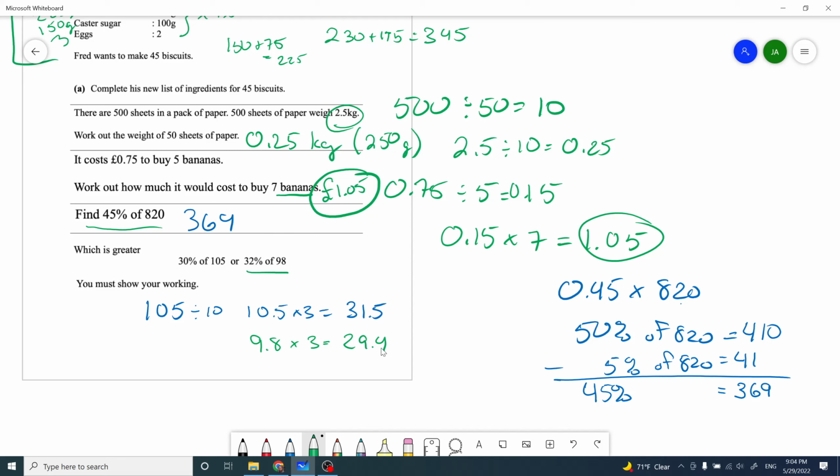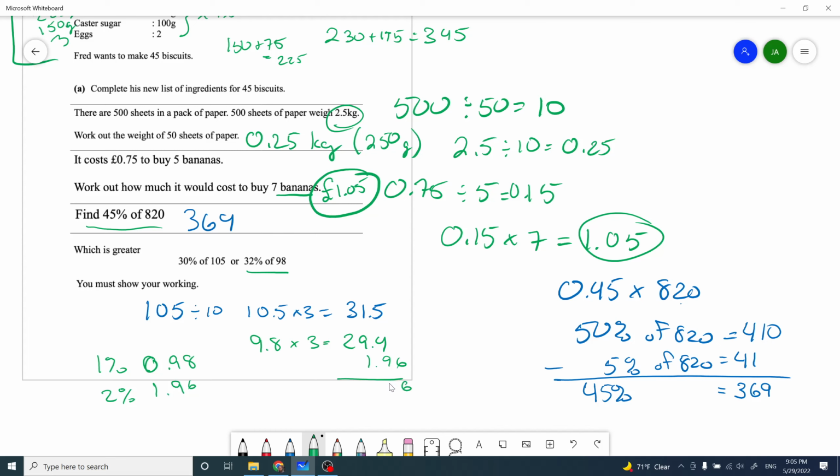So we know that 1% would be basically taking this and dividing it by 100. So it would be like 0.98 would be 1%. So 2% would just be doubling that. So that would be this times 2 or plus itself. So it would give us 1.96.